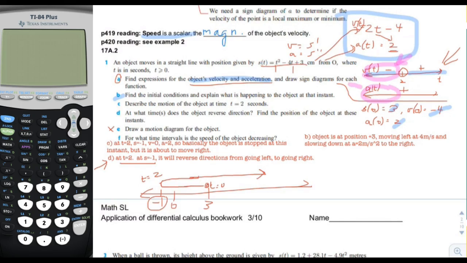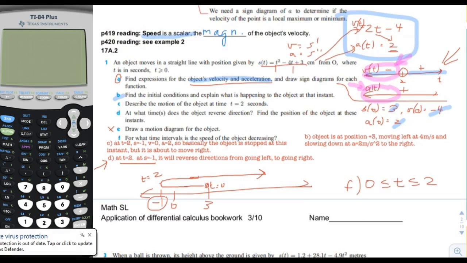Here the acceleration is positive. So you're moving in opposite directions. So that means that the thing is slowing down. So basically that is between 0 and 2 seconds, right? That's the answer for F. So between t equals 0 and 2, that's when the acceleration and the velocity are in opposite direction. So the speed of the object is decreasing. And that's it for this problem.